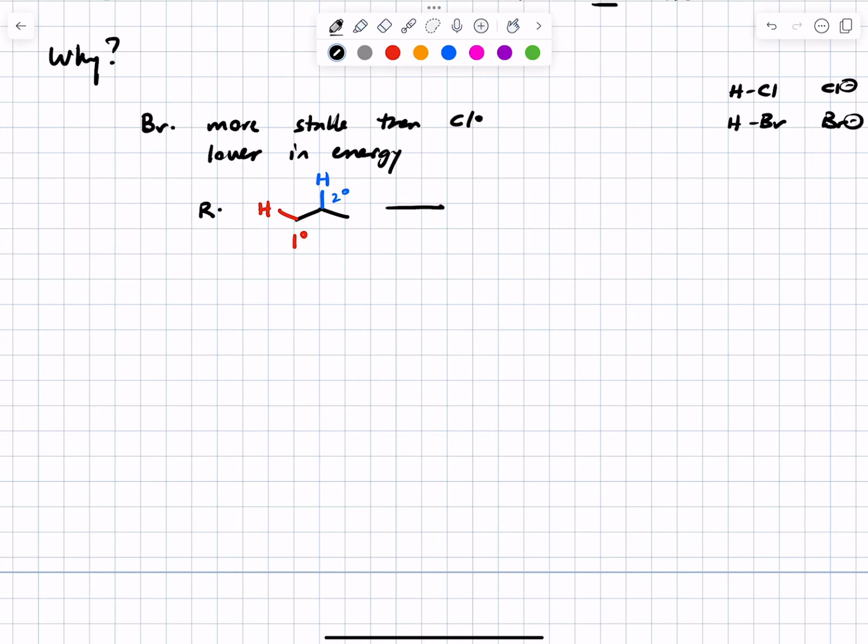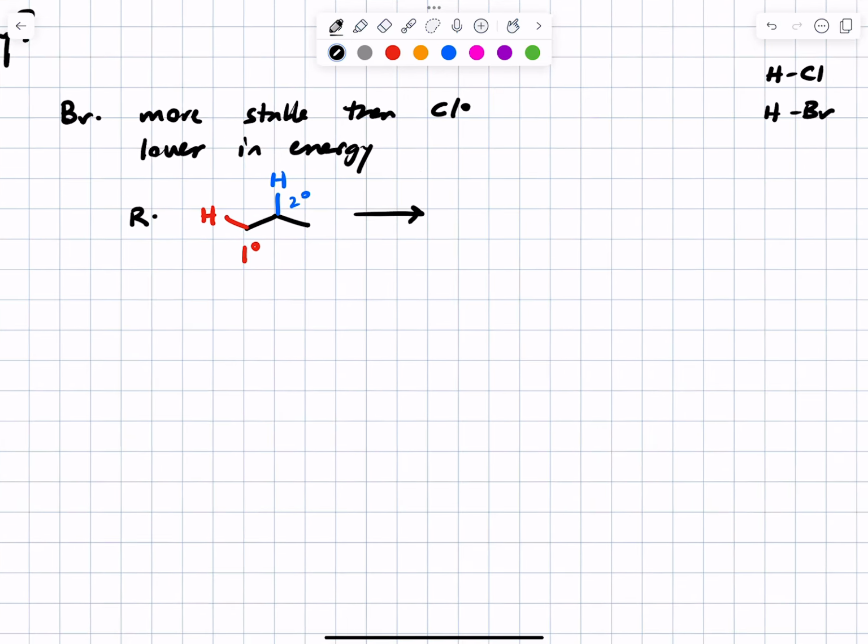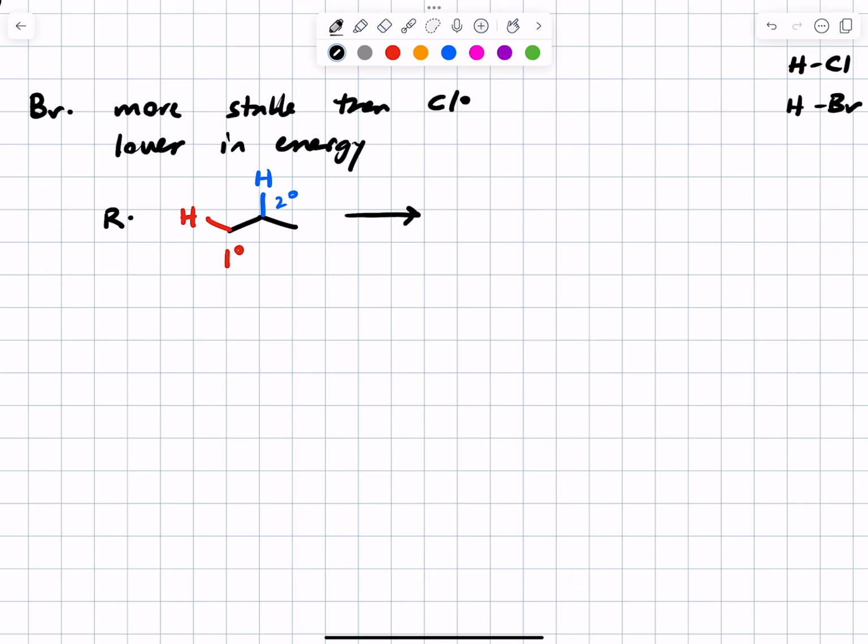So the radical abstraction step can give you either, you've got 2 choices. Path 1 is to get the primary carbon-centered radical, and then path 2 is to get the secondary carbon-centered radical.